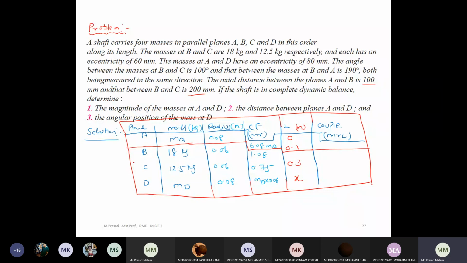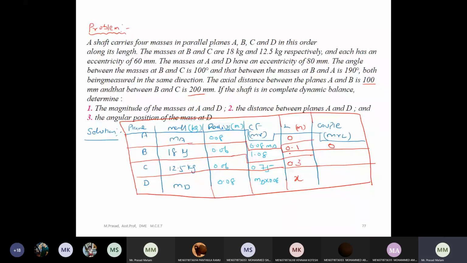This is for plane B. Plane A, it is 0 only. Can anyone give me this value, dear students? What is the couple value here? 0.08 m a into l. For plane A, it is 0.